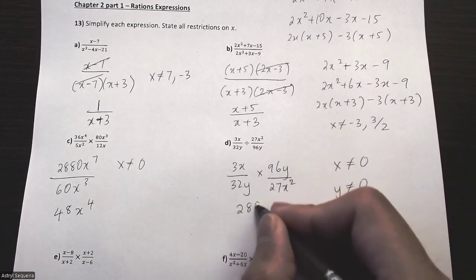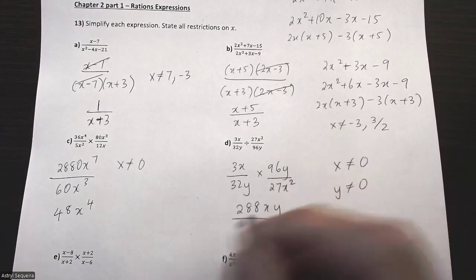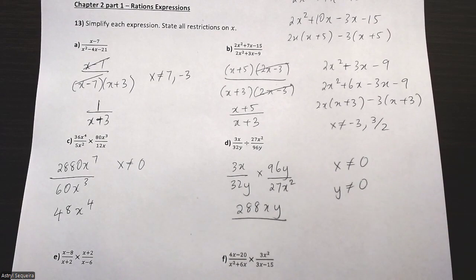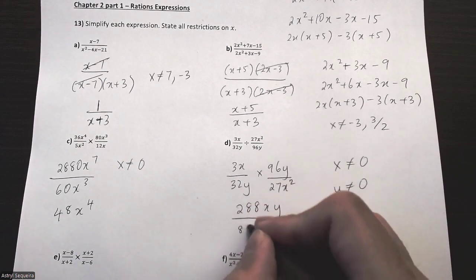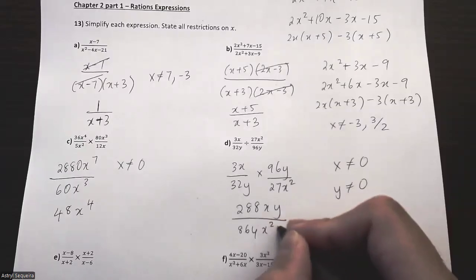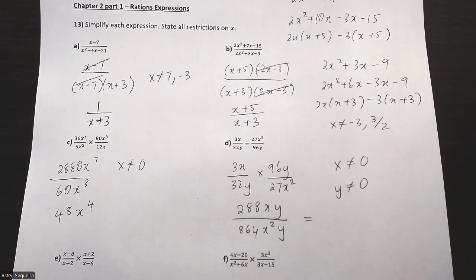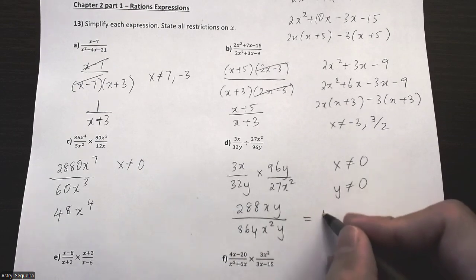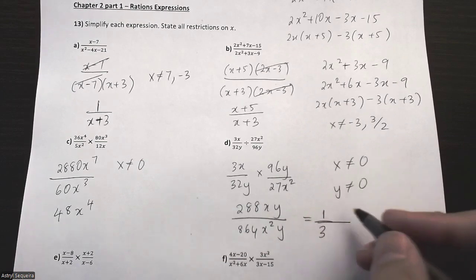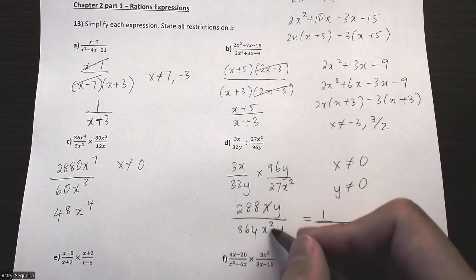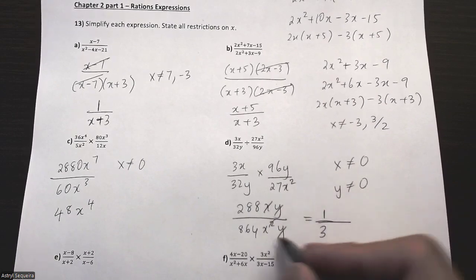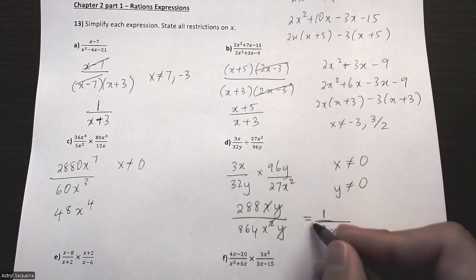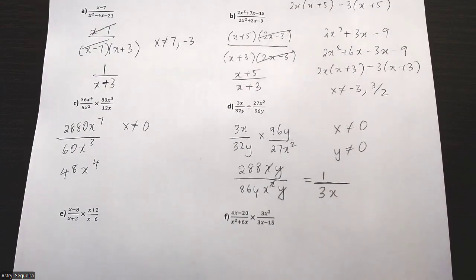From the top, I get 288xy, and in the bottom, I get 864x squared y, and then I'll just simplify this again. So 288 divided by 864 is just 1 over 3. Actually, x cancels with the x squared, y cancels with the y, so I'm just left with an x in the bottom. Final answer is 1 over 3x then.